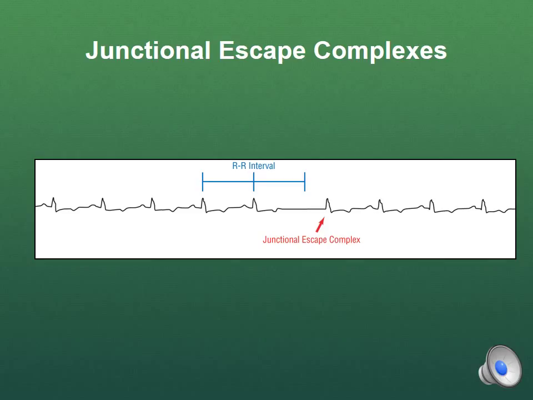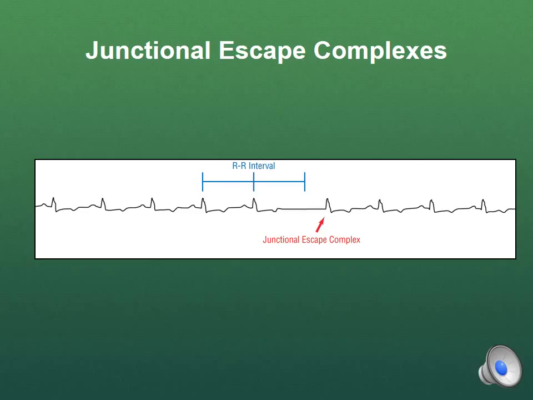It looks like here the P wave fired, but the stimulus was interrupted for whatever reason. If that pause is great enough and no other intra-atrial tissue decides to take up pacemaker responsibility, then our AV junction is hopefully going to fire off.